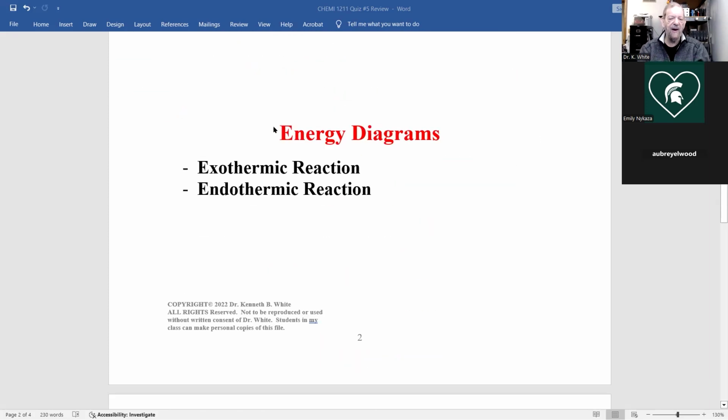Now, when we talk about reactions, an important way of showing this are the energy diagrams. And there are two types of energy diagram. One is for an exothermic reaction where heat is given off.